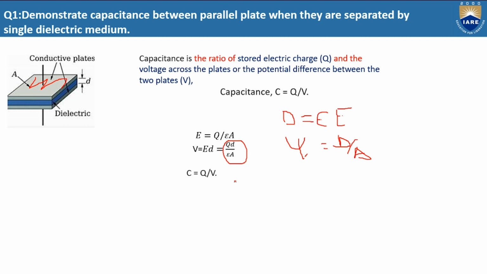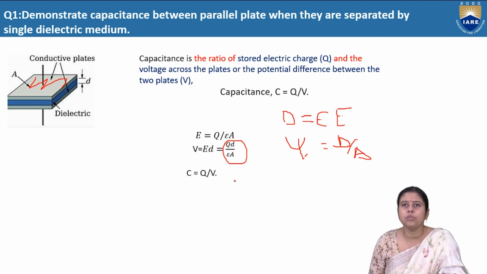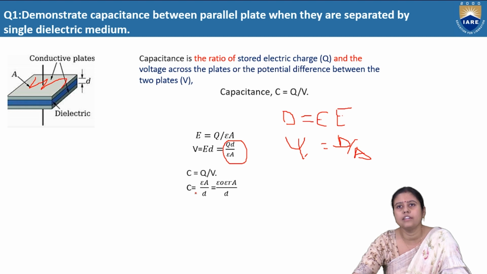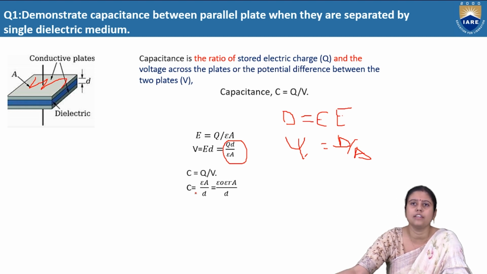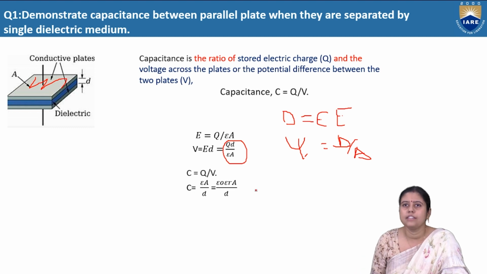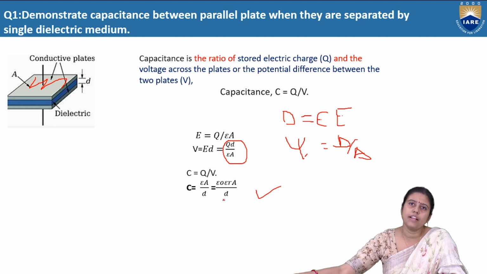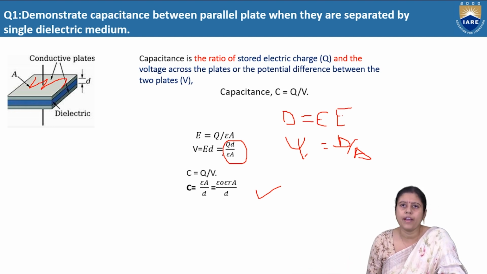We know the definition, C is equal to Q by V. So if we put the value, we get C is equal to epsilon A by d, which is equal to epsilon naught epsilon R A by d. This is the capacitance.